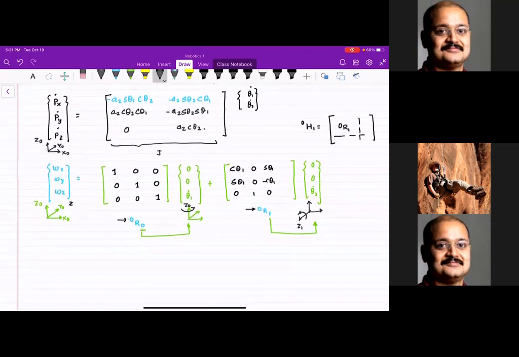Now, what you do is you add them together. So can you see omega x, first row, first column? The product of these gives me 0. Do you agree with me? And the product of these gives me sine theta 1, theta 2 dot.